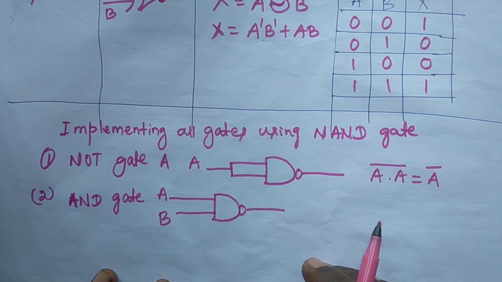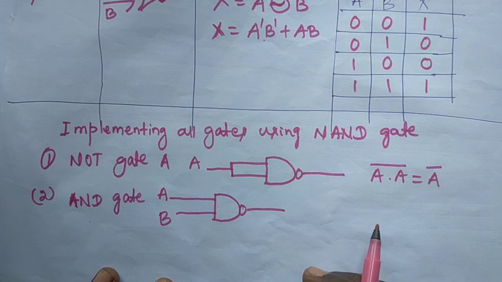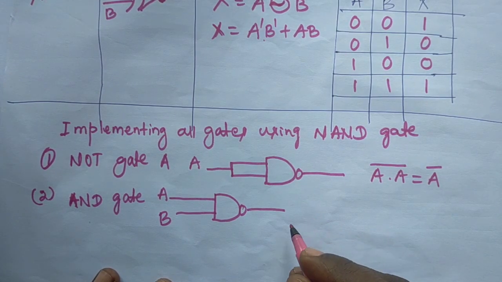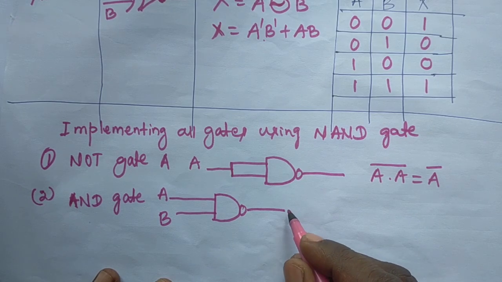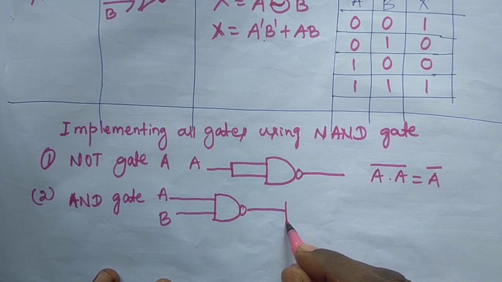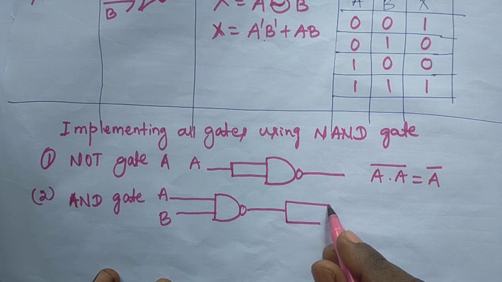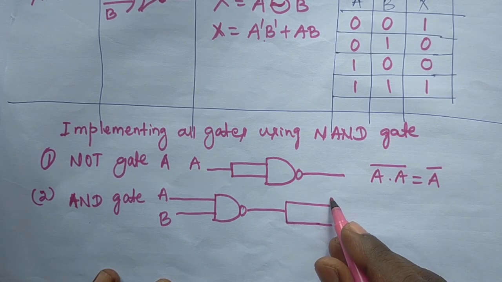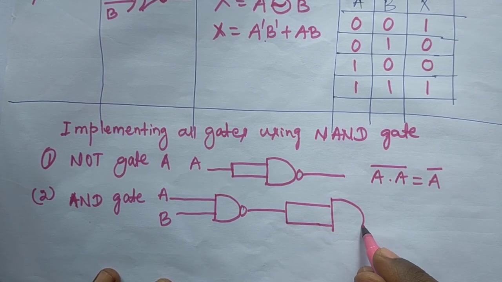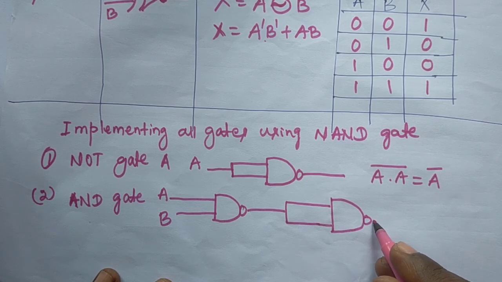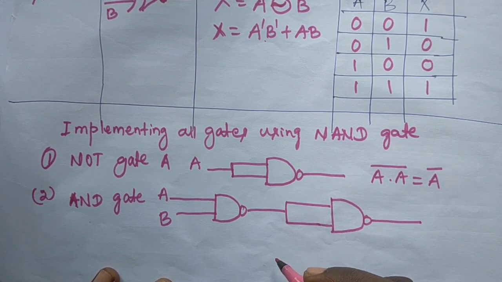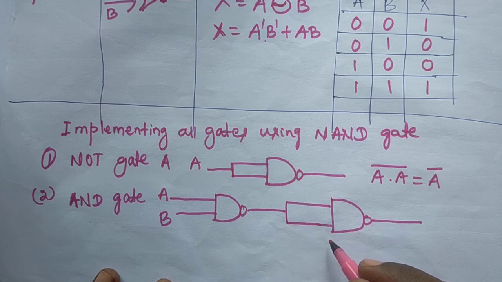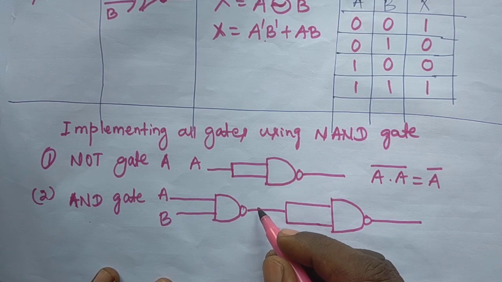But since we define this NAND gate, you see these values are again defined in two ways. You see how it is designed. So now we see what happens here.